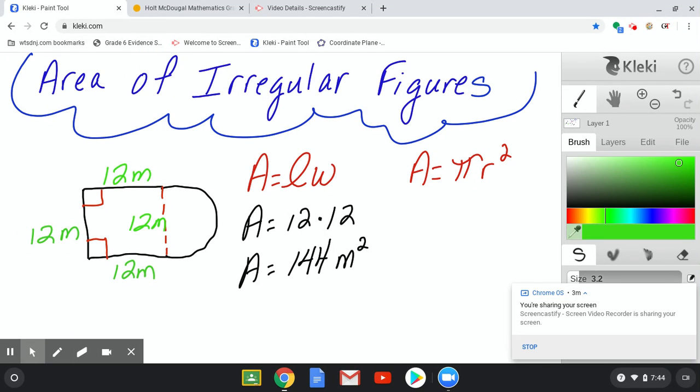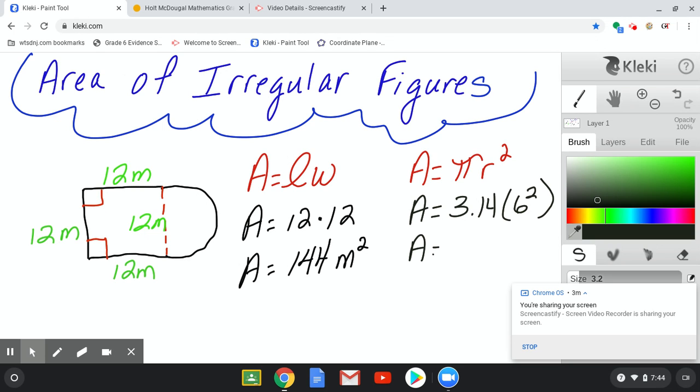All right, so now we're going to calculate the area as if this is an entire circle. I'm going to go back to my formula for the circle. Area is equal to pi, which is 3.14, times the radius squared. If this red line represents the diameter, the radius is half the diameter. So if the diameter is 12 meters, the radius would be 6 meters. And then, of course, we're going to square that.